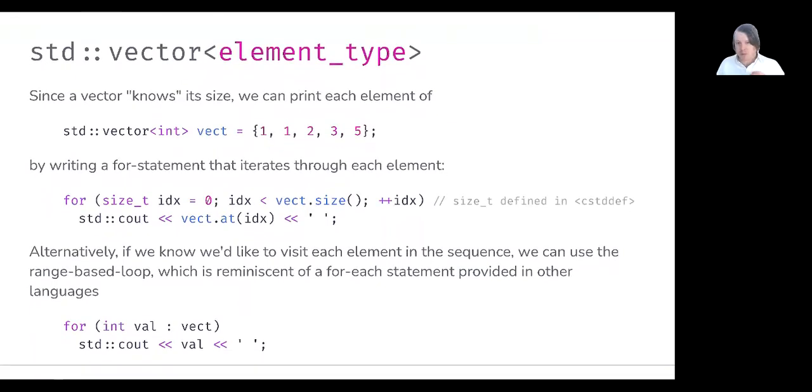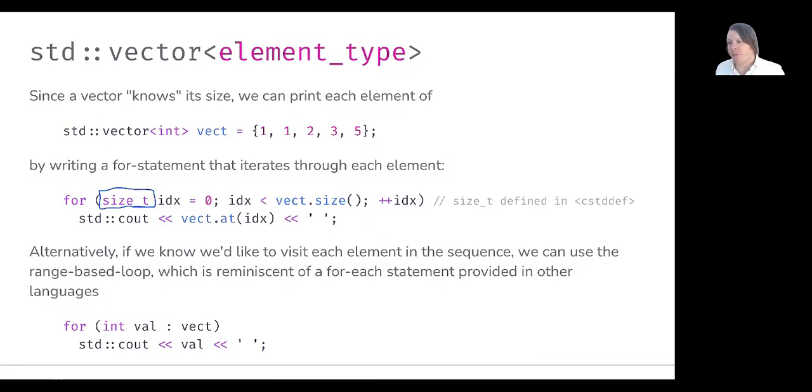Okay, so since a vector knows its size, we can iterate through it and operate on each of the elements, look at each of the elements, do whatever we want to each of the elements within this collection. To begin iterating through, we could write a for statement that visits each element and accesses them by indexing into them. size_t is essentially the maximum possible number of elements that this vector could contain, and that could exceed an integer or an unsigned integer.